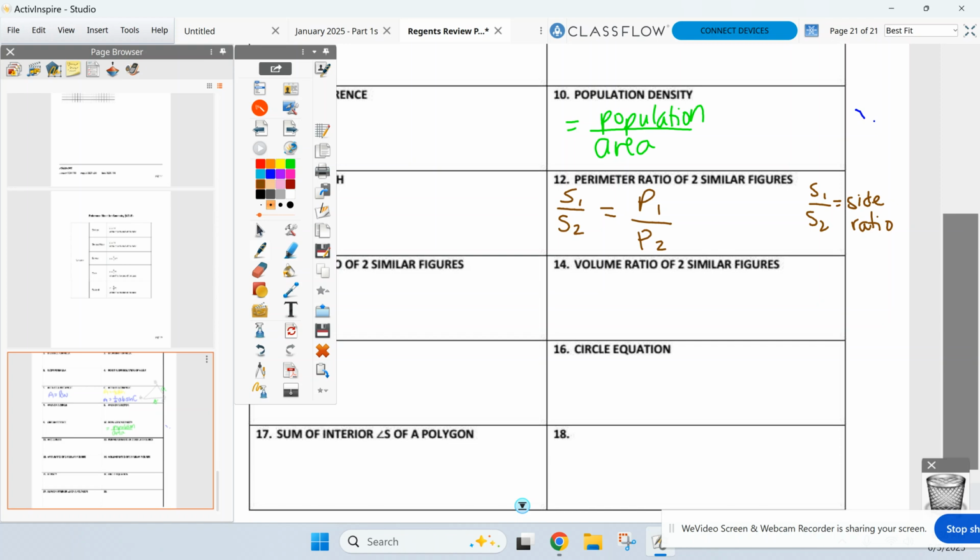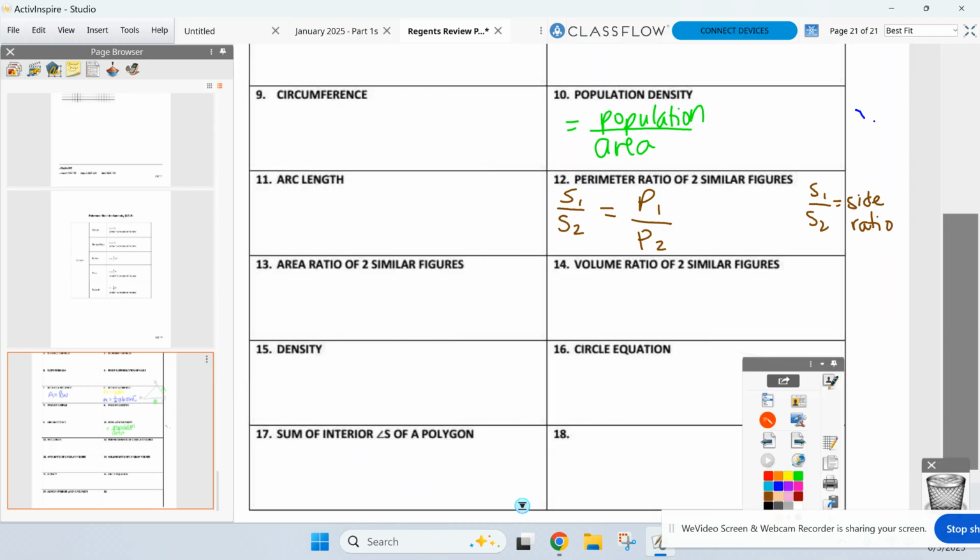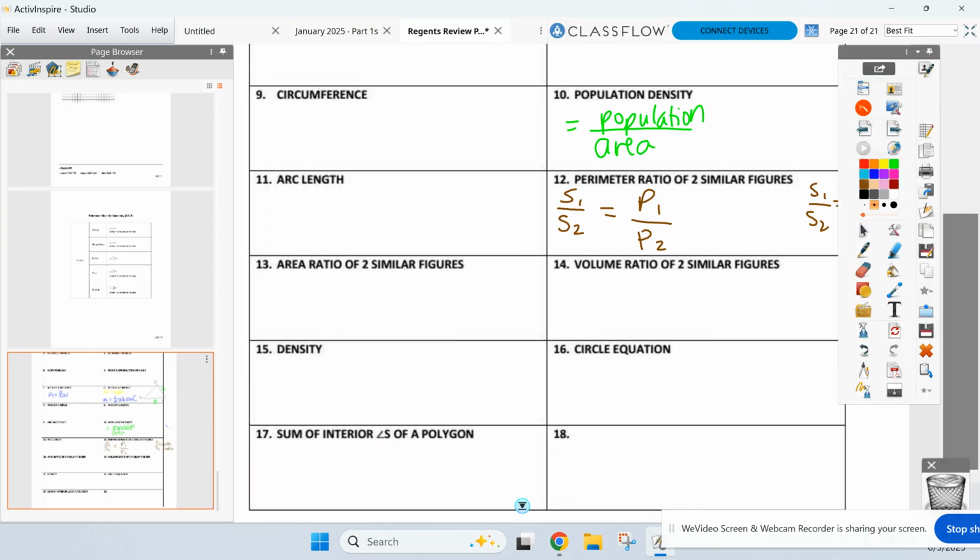So everyone go with S1 over S2. That's the ratio of two sides. It's the same as the ratio of their perimeters. But now when I go to number 13, when you have S1 over S2, you do not have the area ratio. It's not like perimeters. What you need to do, and some of you may or may not remember this, is square this ratio, each number in that ratio, to get the area.